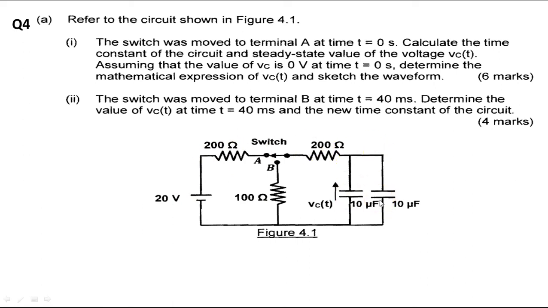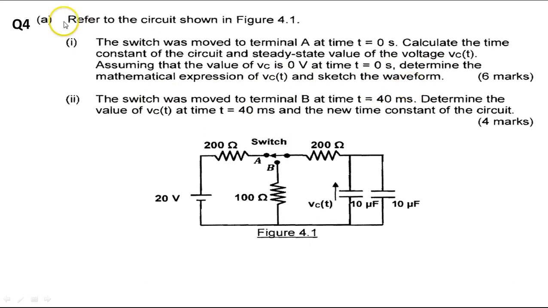Calculate the time constant of the circuit and the steady state value of the voltage Vc. In other words, after a substantially long time, what is the voltage across these two capacitors? Assuming that the value of Vc is 0 at time t equals 0, determine the mathematical expression of Vc(t) and sketch the waveform.